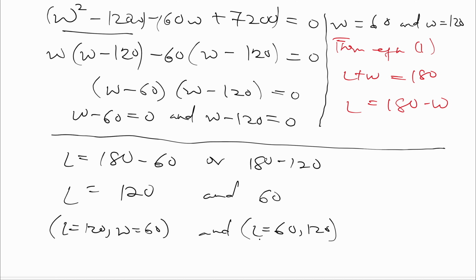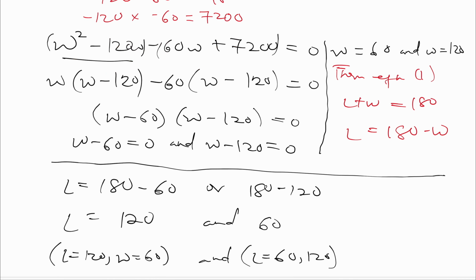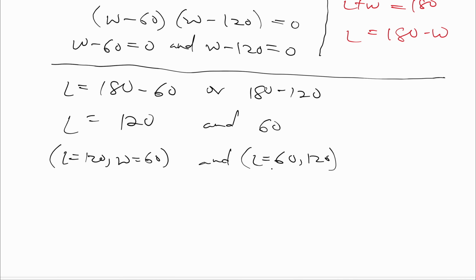But L is our length, and for a rectangle, the length should be longer than the width. If the length is 60, the width should be less than 60, but here the width is 120. So this is out. Now we see that the length is 120 and the width is 60, which is less than the length.